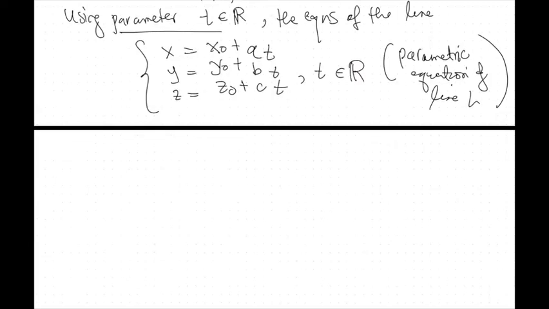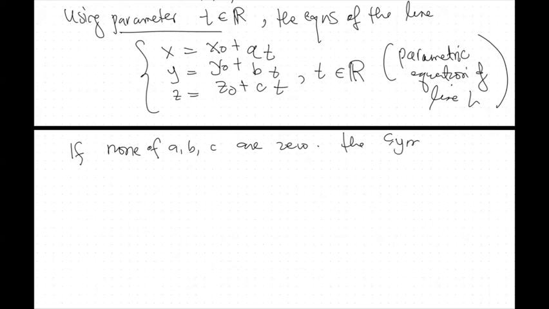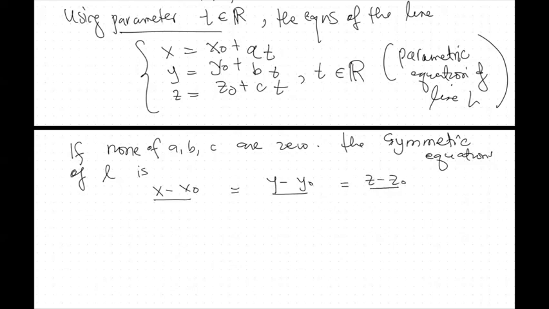And then we have the symmetric equation. If none of a, b, c are 0, we have the symmetric equations of L: x minus x0 equals y minus y0 equals z minus z0, but you just have to divide these components by a, b, and c.